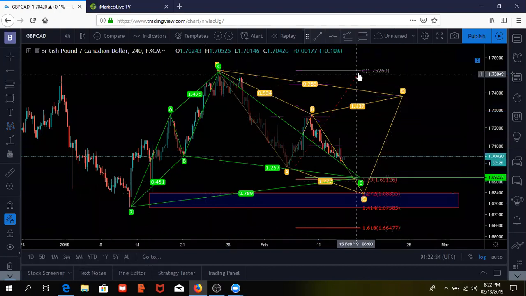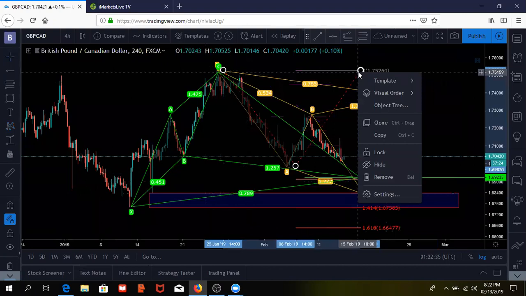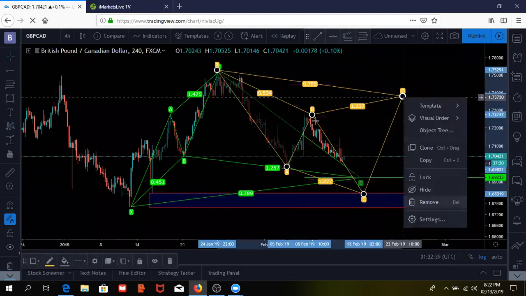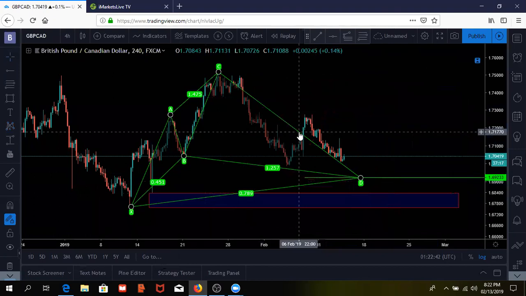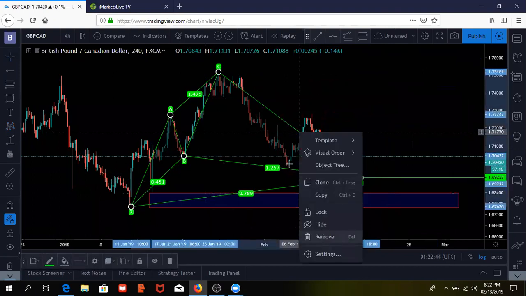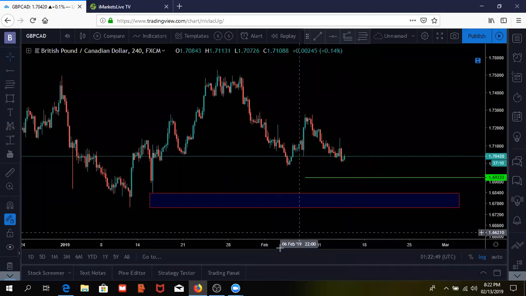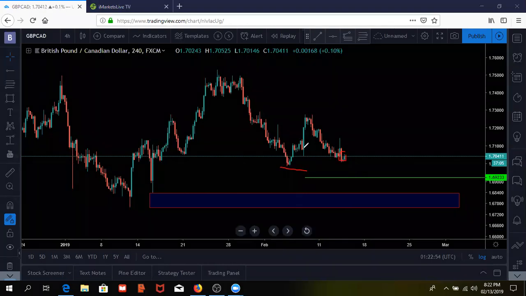Now, the last one that I see: if price does not break below that 61.8 level. If this leg right here holds and price doesn't break below this level, then we could be looking for a potential bat pattern.